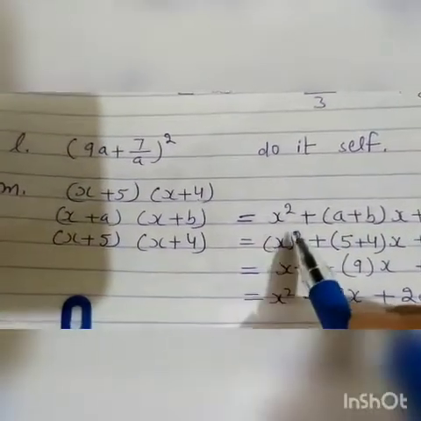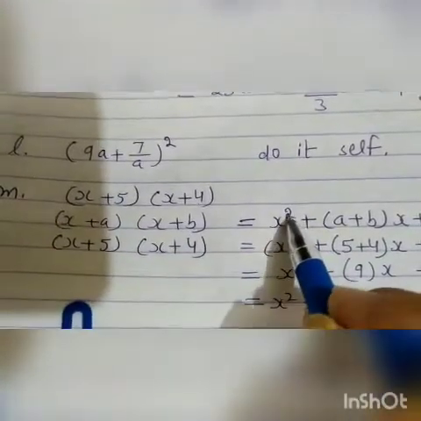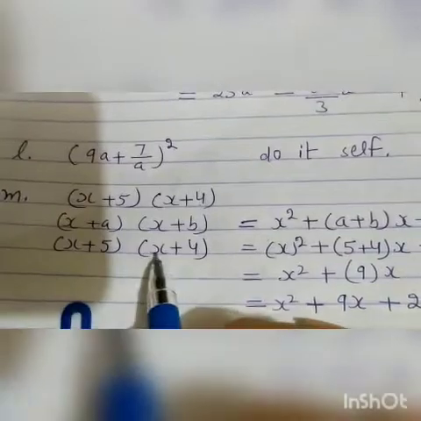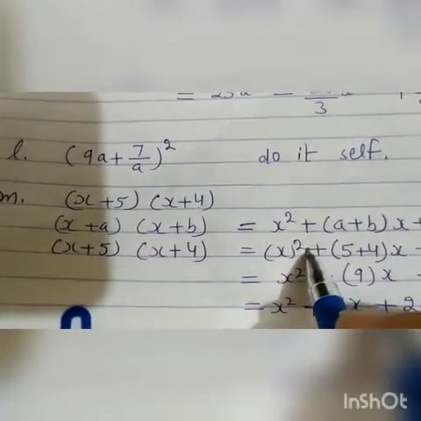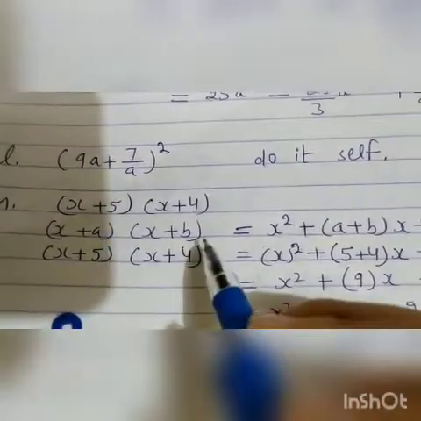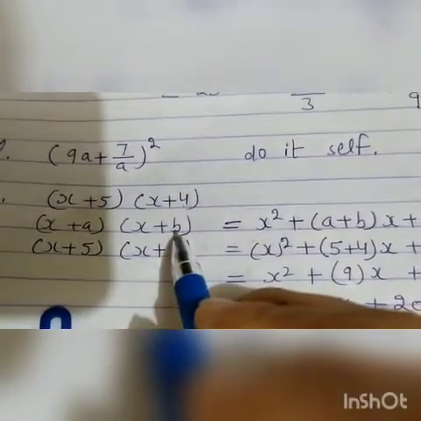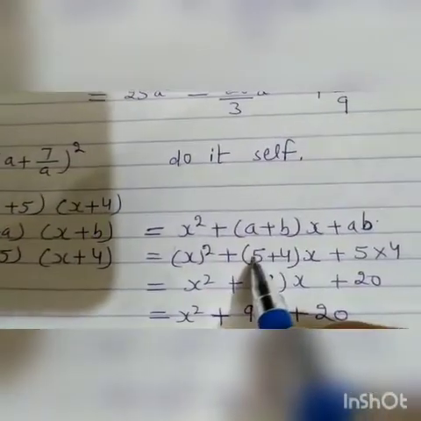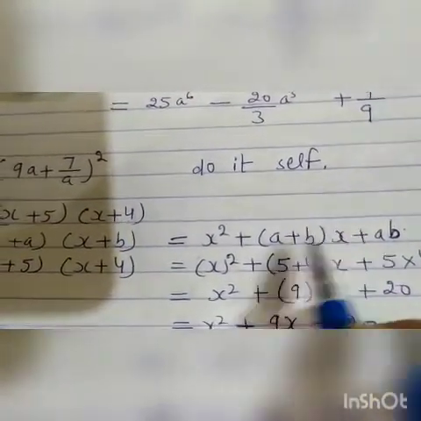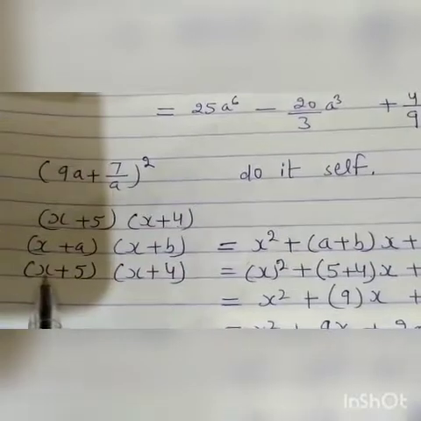So it will be x whole square. Again this x square is the first term whole square. What is the first term? x. So it is x whole square plus (a plus b). In place of a it is 5 and in place of b it is 4. So it will be (5 plus 4) multiply x. x means first term. First term is x here also.